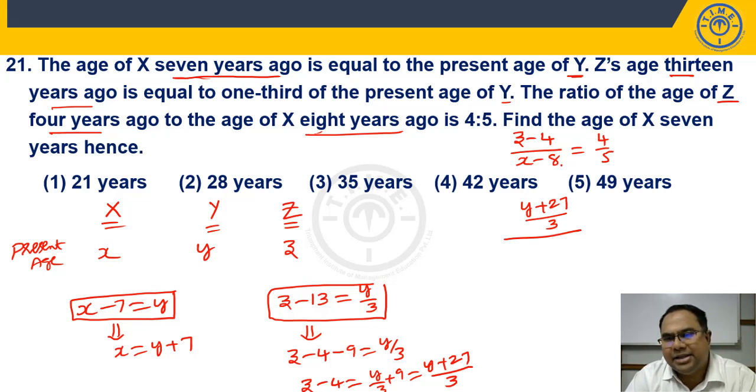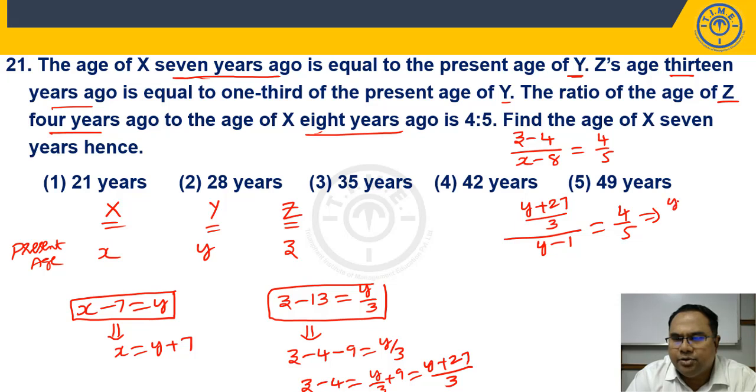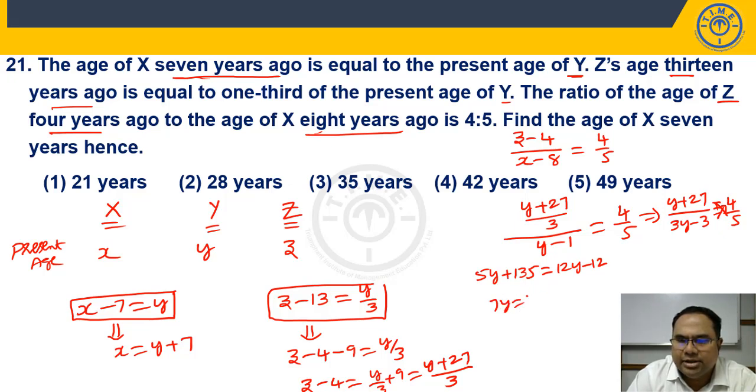Y plus 7 minus 8 is nothing but Y minus 1, equal to 4 by 5. So if we simplify this, Y plus 27 by 3Y minus 3 is 4 by 5. Do cross multiplication. So 5Y plus 135 is equal to 12Y minus 12. So I'll get 7Y is equal to 147, Y is equal to 21. Y is equal to 21.